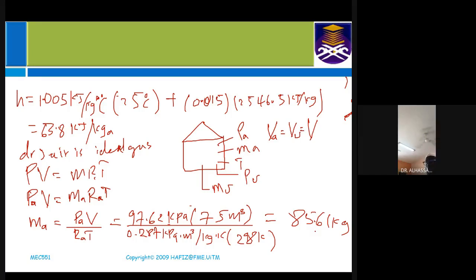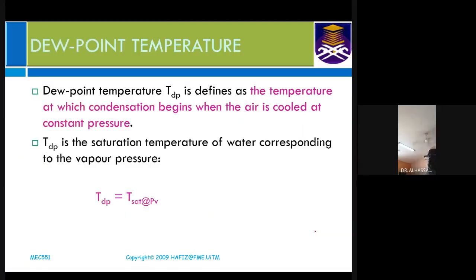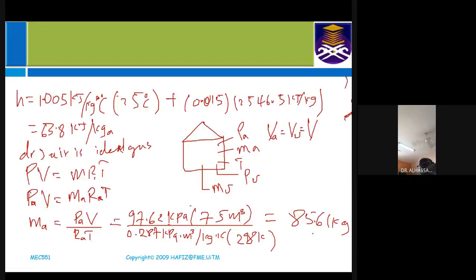Okay, so now the easiest way to find the mass of the water vapor is to use this equation.